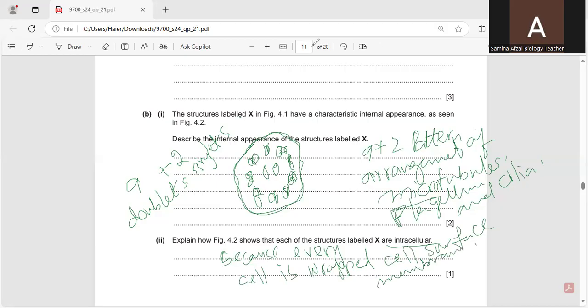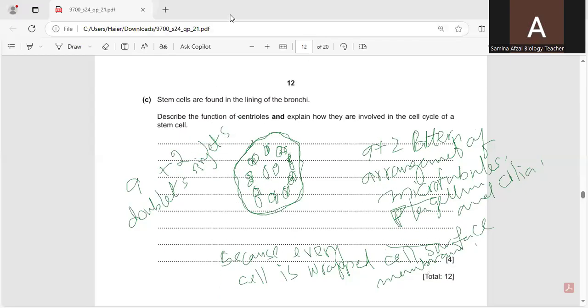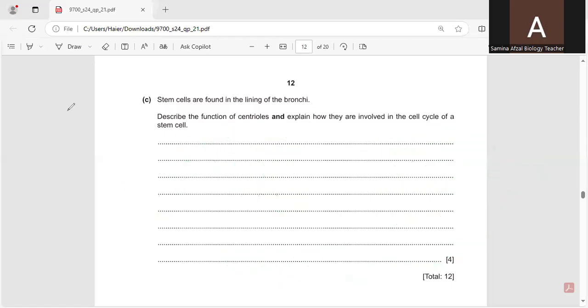Now the next question. Stem cells are found in the lining of the bronchi. Describe the function of the centrioles and explain how they are involved in the cell cycle of the stem cells.